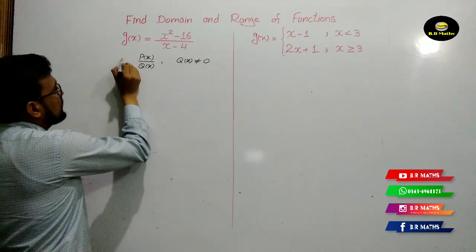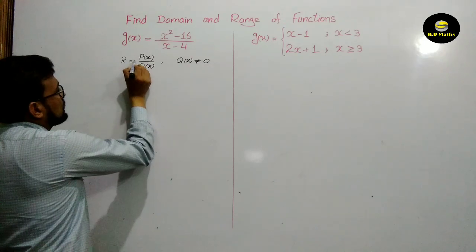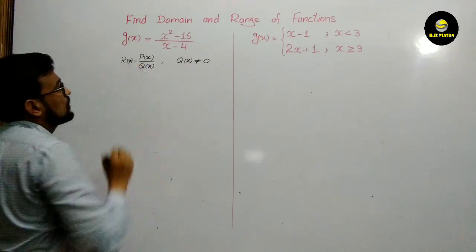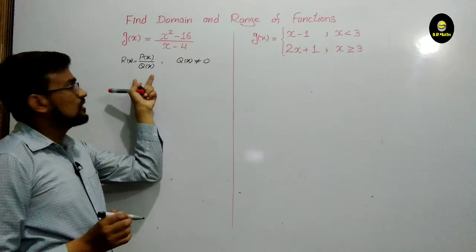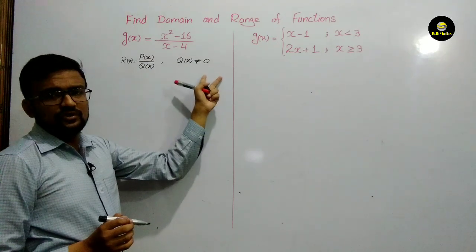Students, q of x means the denominator. The denominator cannot be equal to 0.